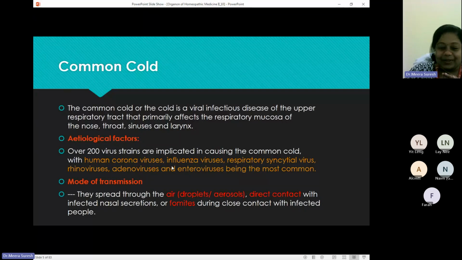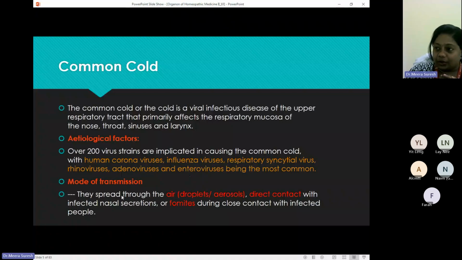It never used to come in our list. It was mainly influenza, RSV or respiratory syncytial virus, rhinovirus, adenovirus, and enteroviruses, which we used to specify. But for you, after COVID, coronavirus is taking the first position.